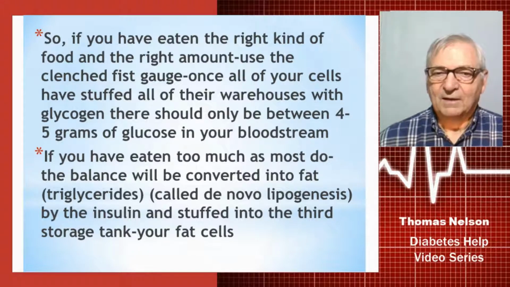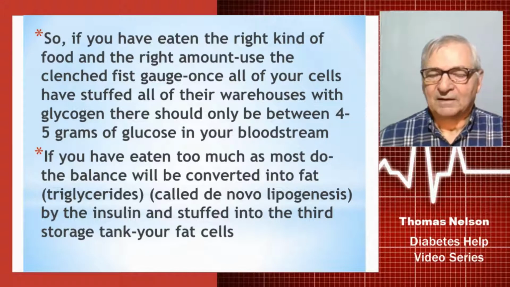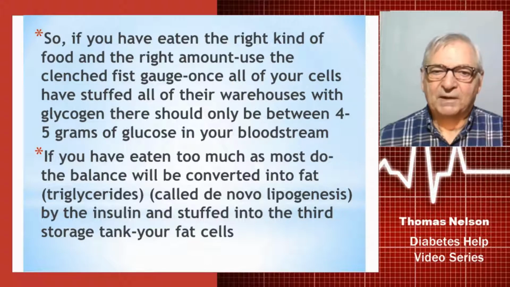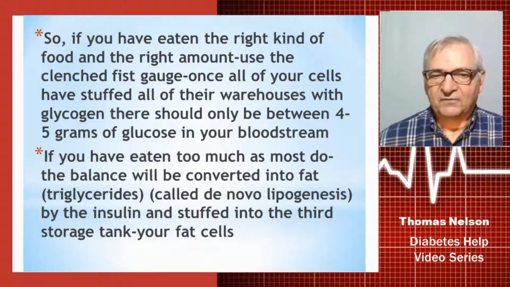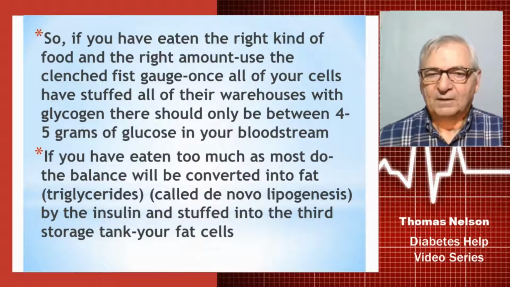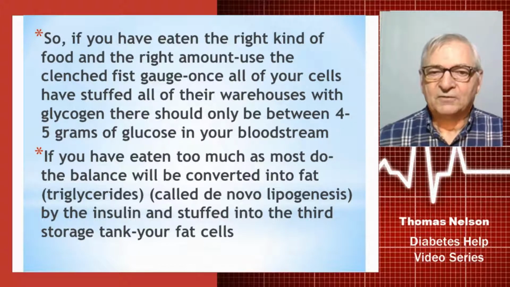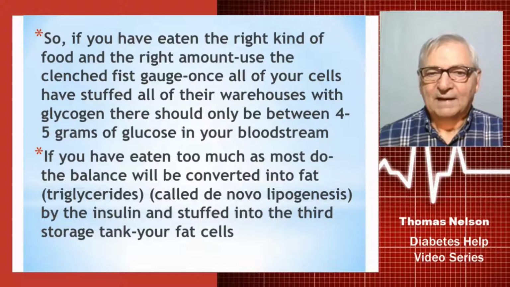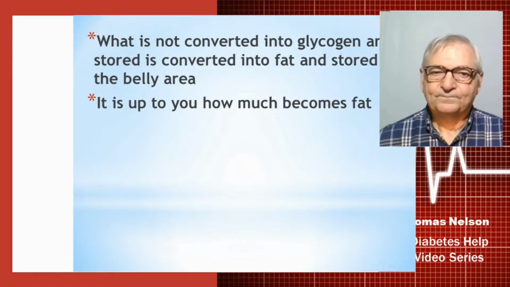Some of that is going to be converted into LDL cholesterol and put into your bloodstream. But those fat cells are your third fat storage, or glucose storage, tank. And those are unlimited. You fill that tank to its brim, your body's just going to produce new and more of those fat cells so that you can store even more.